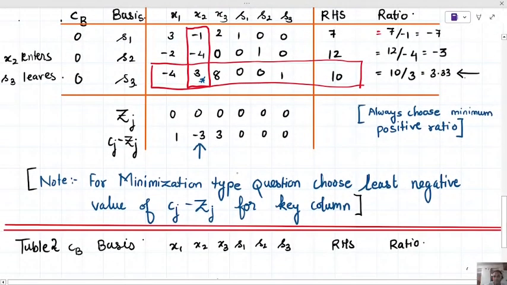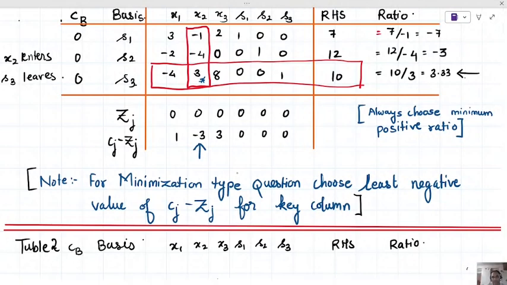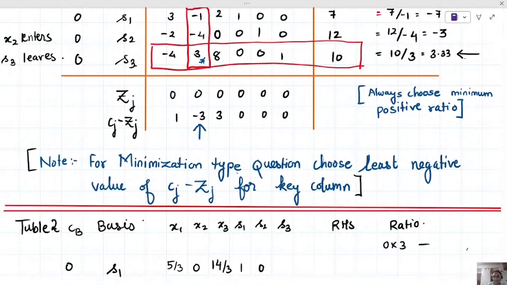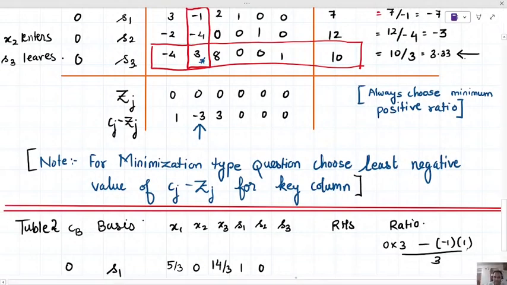Let's see. So 0 into this, minus 1, minus of minus is plus, and here how much will we get? Let us see. 0 into 3 minus minus of 1 into 1 divided by 3, so you get 1 by 3 over here.